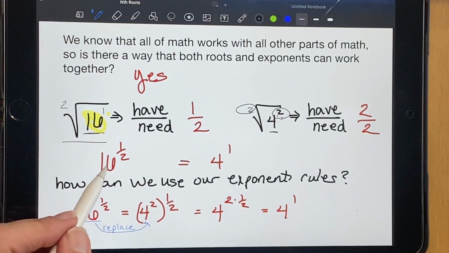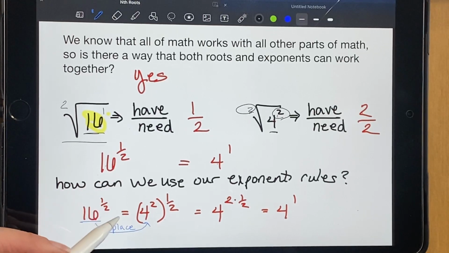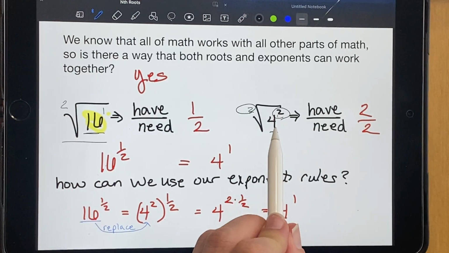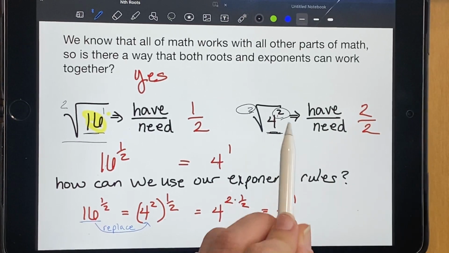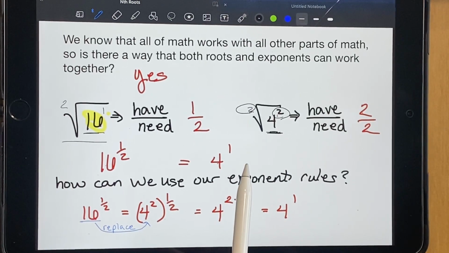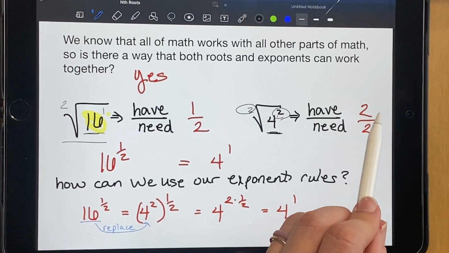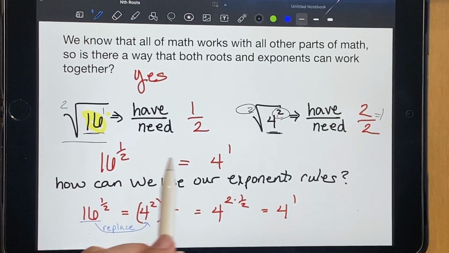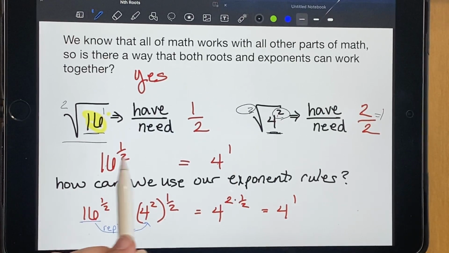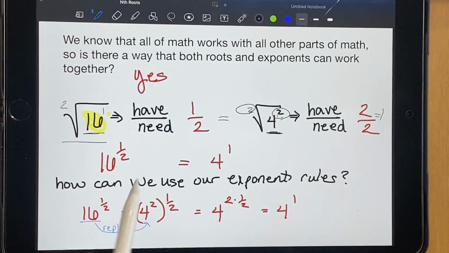So I would have 16 to the 1/2. I have 1, I needed 2. I could also take my 4 over here, this base, which is 4, and I could rewrite it as a fractional exponent. I have 2, I need 2, which really gives me the number 1, so 4 to the 1. So then we ask ourselves, are these two things the same? Because I've shown right here that they are equal to each other.